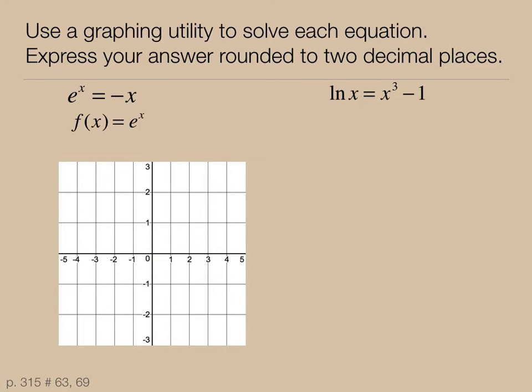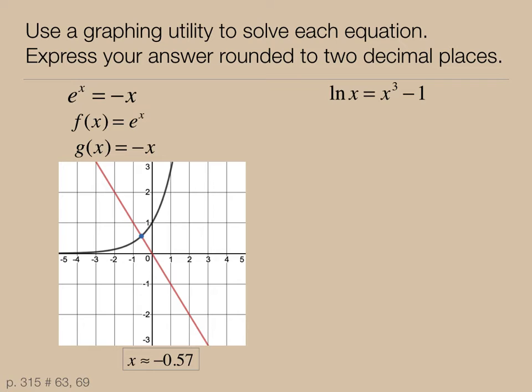I could graph that first. And then I could graph g of x equals negative x, which is going to be a linear function, right, that goes through the origin with a slope of -1. I could use a graphing utility to figure out where these two curves intersect, and that is going to be my solution. We want the x value, which is approximately -0.57.